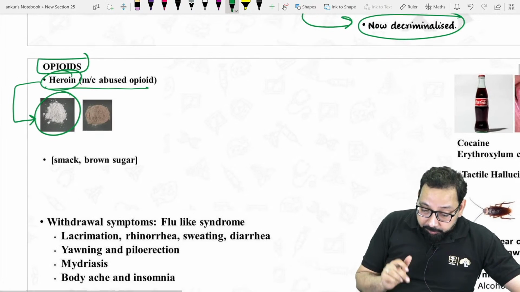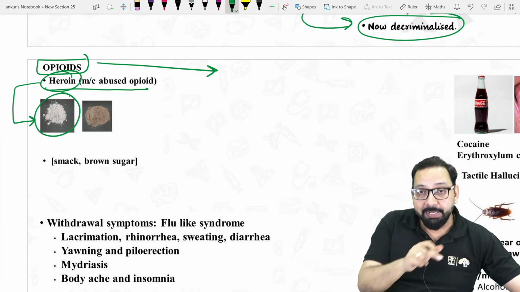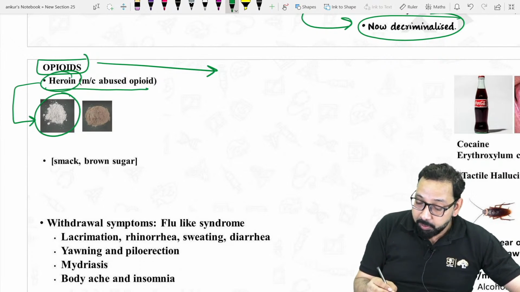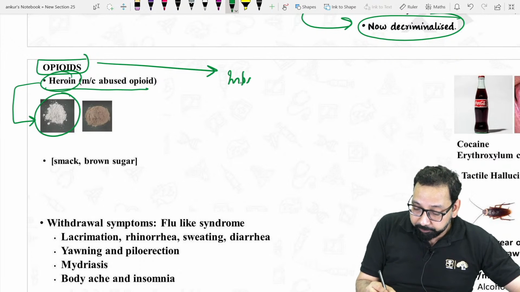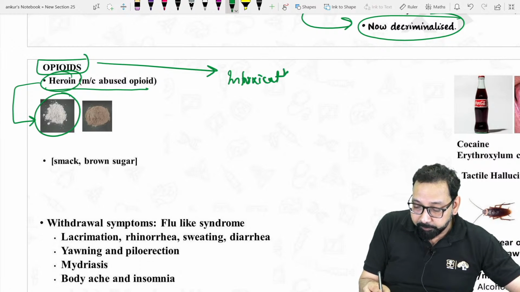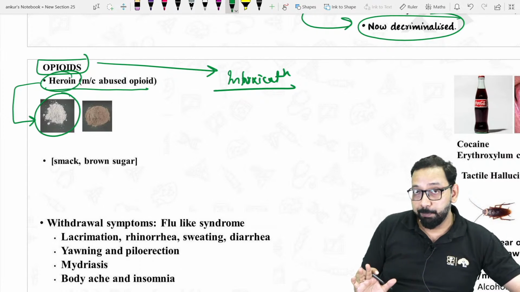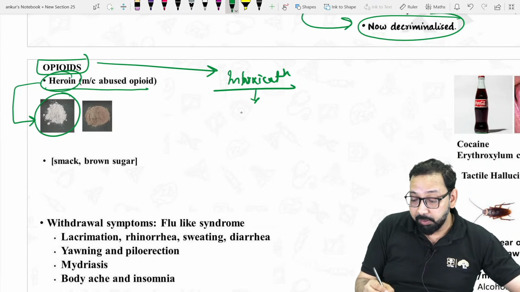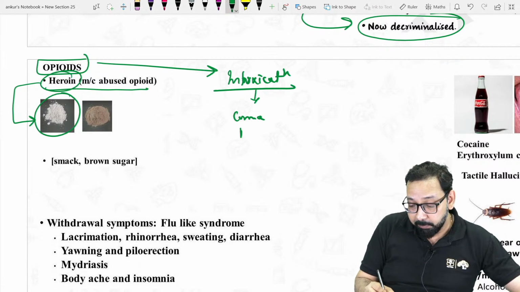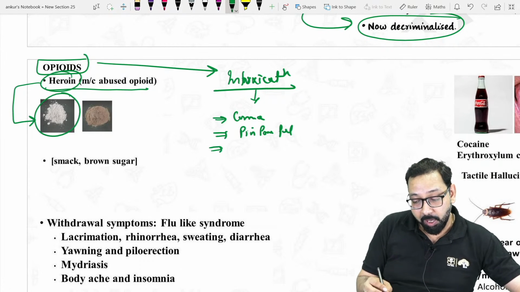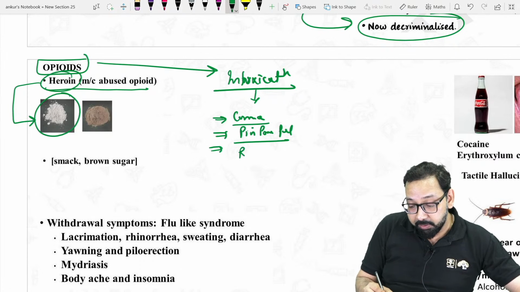And if you overdose, recently asked question in NEET, so this may be repeated. Opioid intoxication. If you take a large amount of opioid, there may be coma, pinpoint pupil, and respiratory depression.